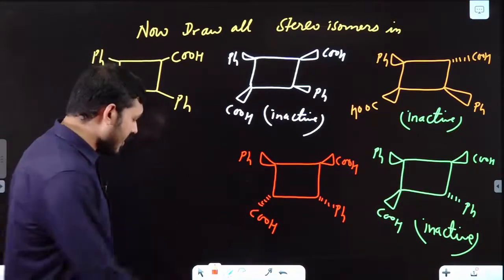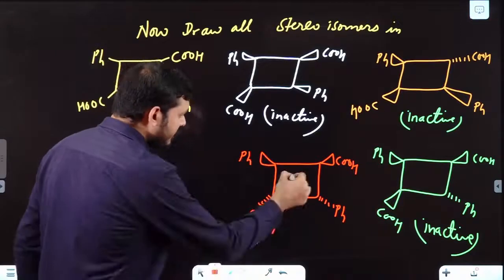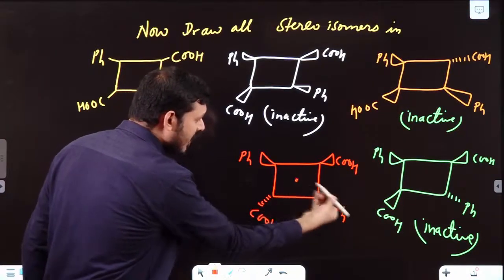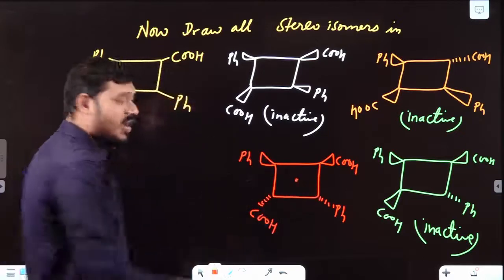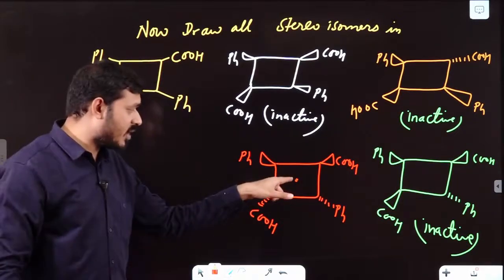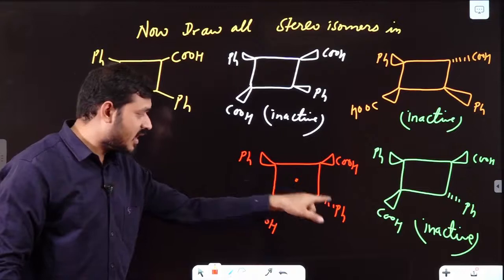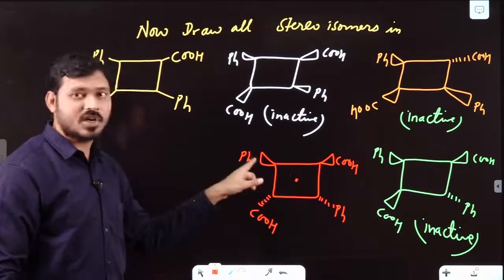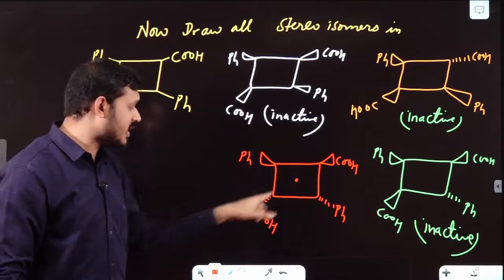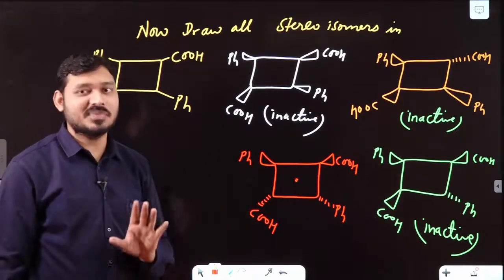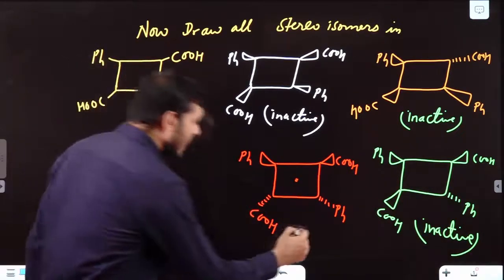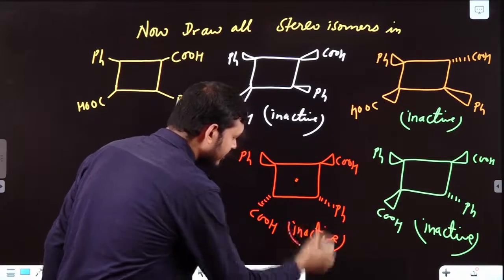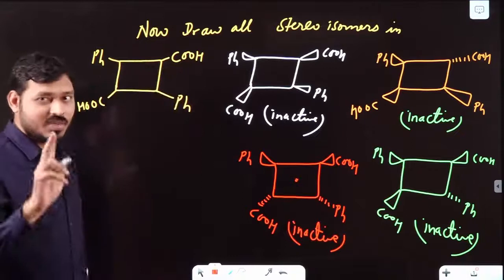So this part if I see, then from this part you can see this OH away and this OH towards you, means if you draw a line from this which touches this, then it will surely touch this OH also. So from this it is having center of symmetry. Again from this COOH and COOH, it is also having center of symmetry. So it is also inactive compound. Okay, 2 on same sides.